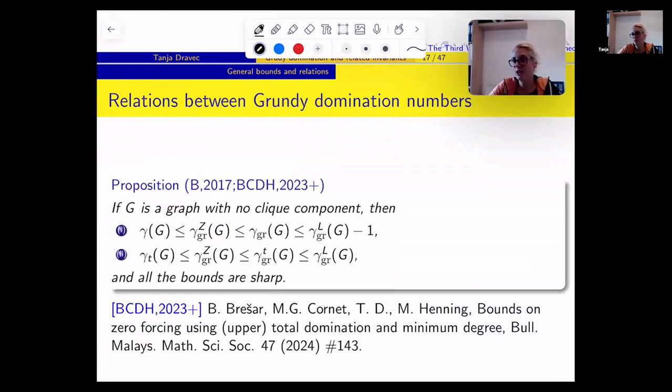And of course, there is also a relation between these Grundy invariants. I already mentioned that the Z-Grundy domination number is a lower bound for the Grundy domination number. And directly from the definition, it follows that a Z sequence is always also an open neighborhood sequence, and thus the Z-Grundy domination number is also bounded above by the Grundy total domination number.